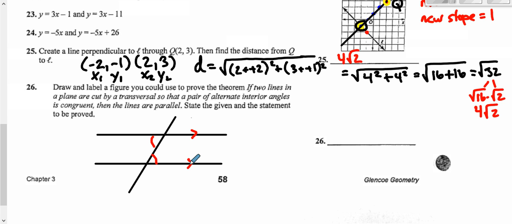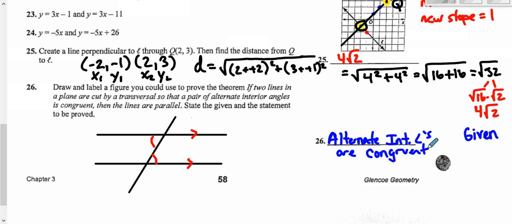So it says state the given and the statement to be proved. So our given, in fact, let me go ahead and write the statement first, then I'll say that's the given. So the given is that the alternate interior angles are congruent.